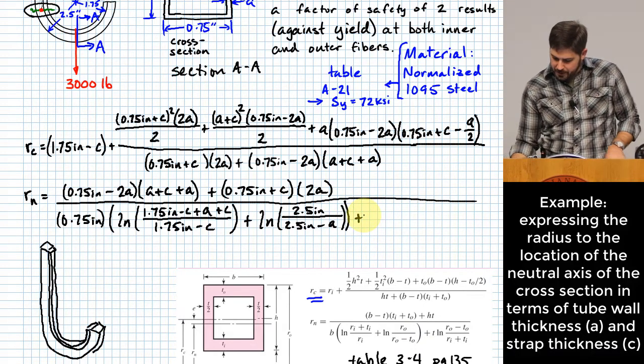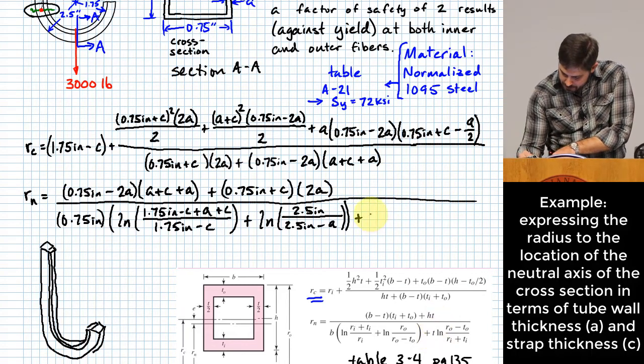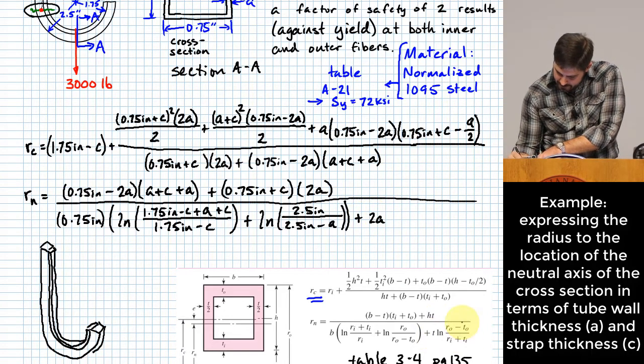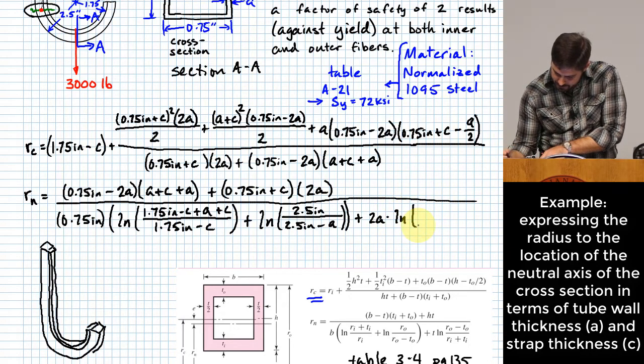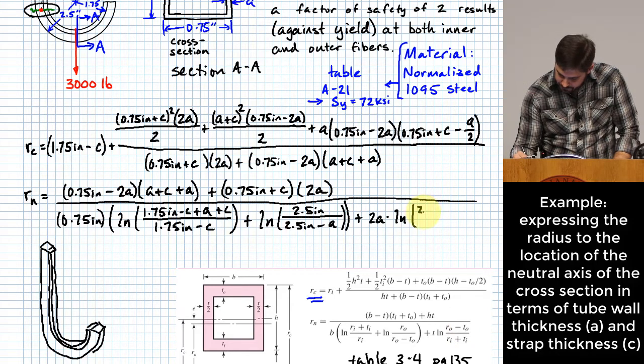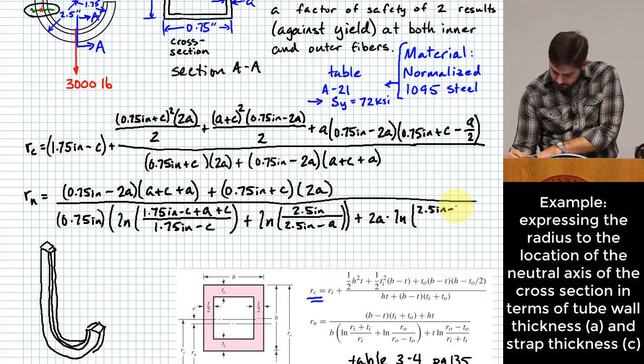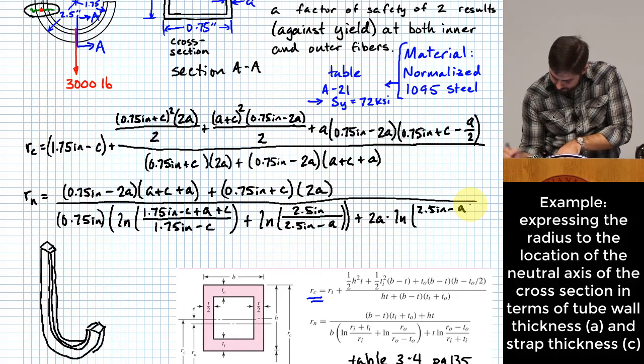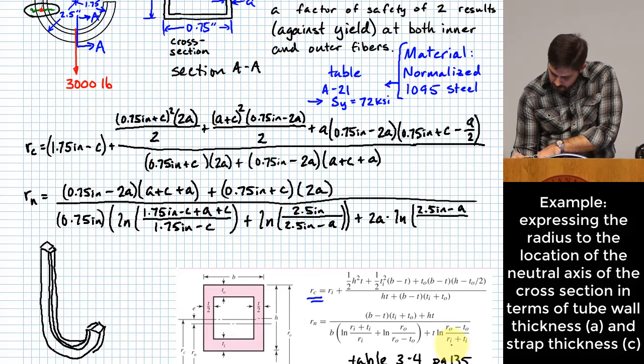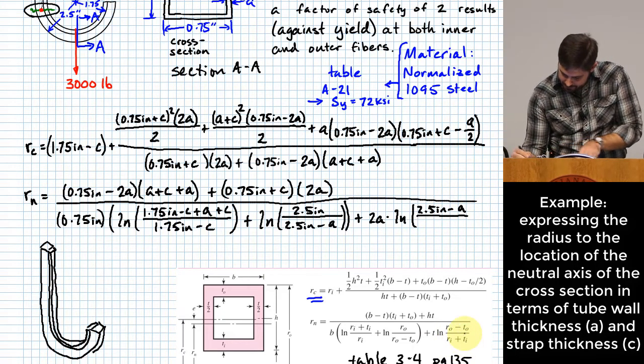And onto this we are going to add T, which is 2A, times the natural log of RO minus TO. And that TO is just A, over RI plus TI.